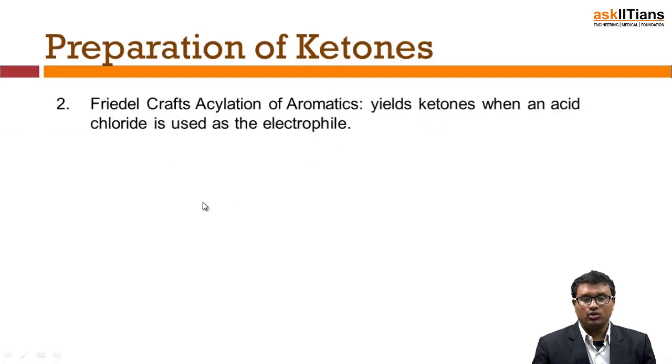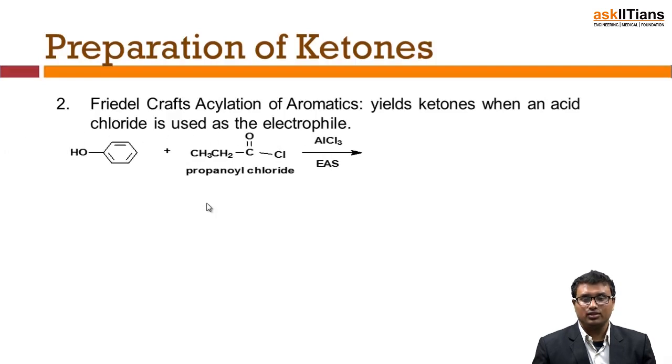Next is Friedel-Crafts acylation. This is also an important point. In Friedel-Crafts acylation, you get ketones when an acid chloride is used as an electrophile. Here you have a phenol, in the presence of propanoyl chloride and AlCl3. AlCl3 is a very important reagent in the Friedel-Crafts process, whether it is Friedel-Crafts alkylation or acylation.